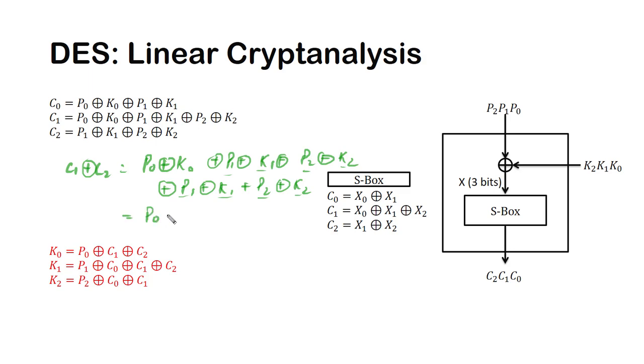So now this is equal to P0 XOR K0. If I XOR both the values by P0, then this P0 becomes 0. Therefore, K0 is equal to P0 XOR C1 XOR C2. So this is a relationship that we have got over here. So this way you can calculate the values of the key in linear cryptanalysis. Thank you.